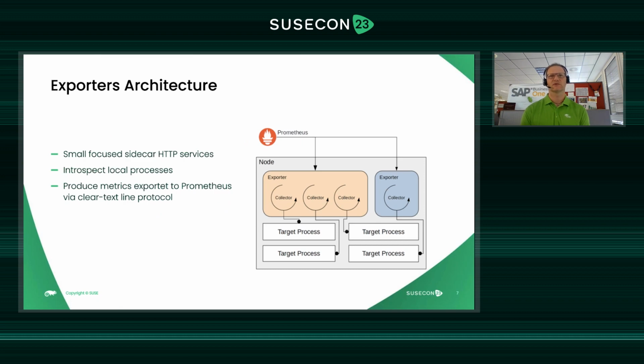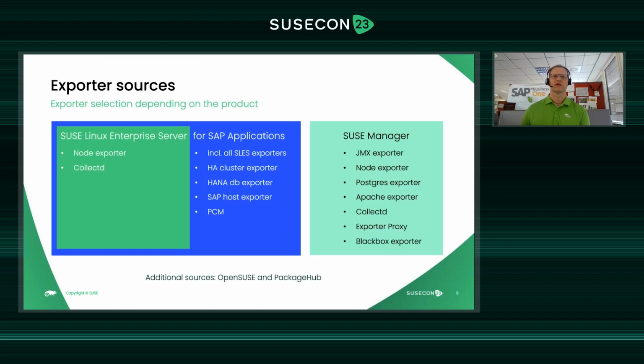Or the original design was to have a very thin exporter specialized for a specific process. So one exporter with one collector connecting to one process and exposing that information via the HTTP port. The major intention was to have very thin, highly specialized exporters to gather the information from the system.